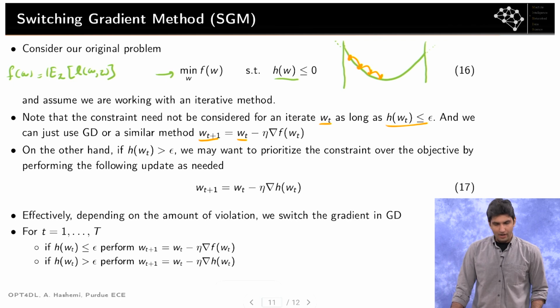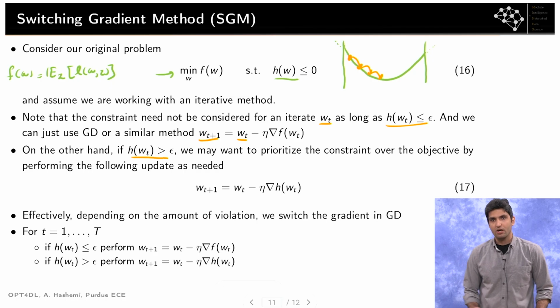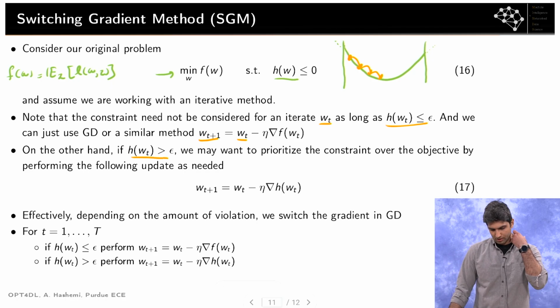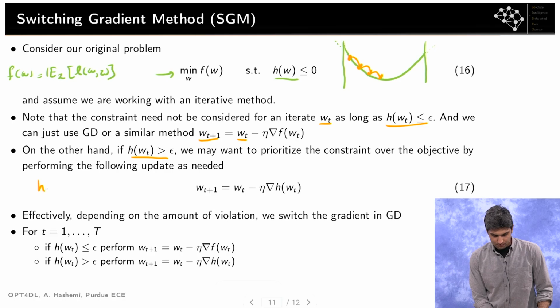On the other hand, if I have access to a solution that is not feasible, such that h of w_t is beyond my predefined threshold of infeasibility epsilon, we may want to prioritize the constraint over the objective. How should we prioritize the constraint over the objective? Well, we are looking for values or models for which h of w is less than or equal to, let's say, 0.